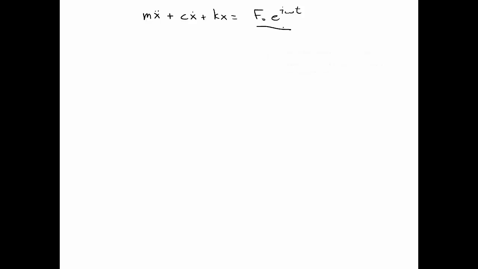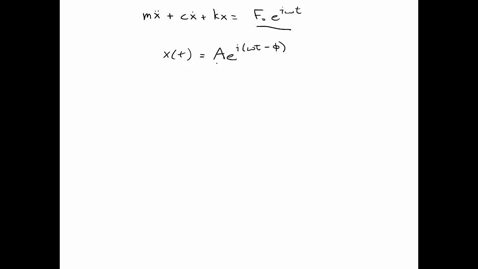Or it could be wind. So that's what we have. We have a spring being pushed by an oscillating force. So it's a pretty good guess that the motion of our object on our spring is going to be an oscillation as well. So we just guess.